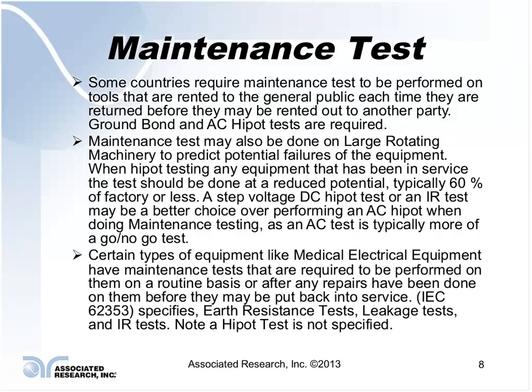This is true, but you also don't want to shorten the life of your product by testing too much, or at too high a potential, where you could damage the insulation. Maybe an insulation resistance test might be a better choice over an AC Hipot test, or even a DC Hipot test might be a better choice in some cases.